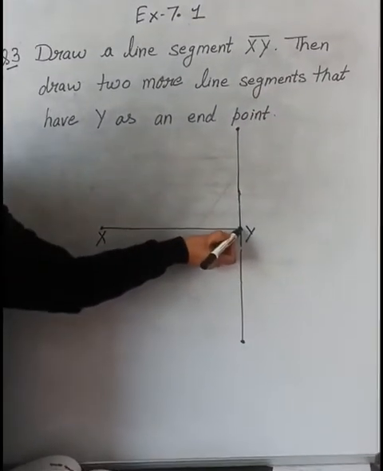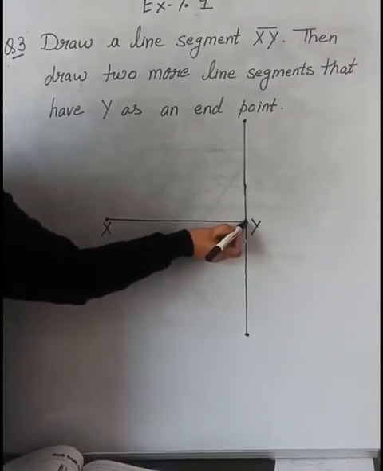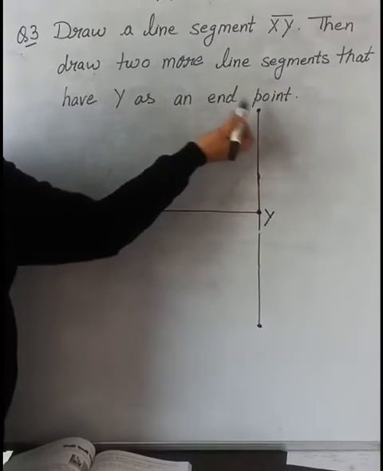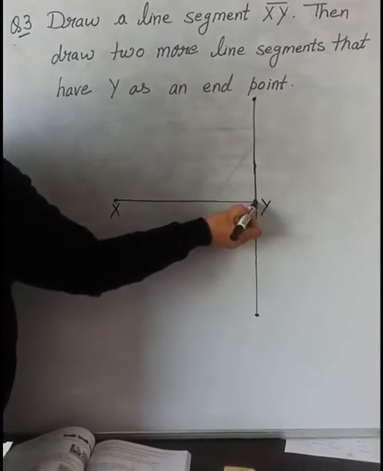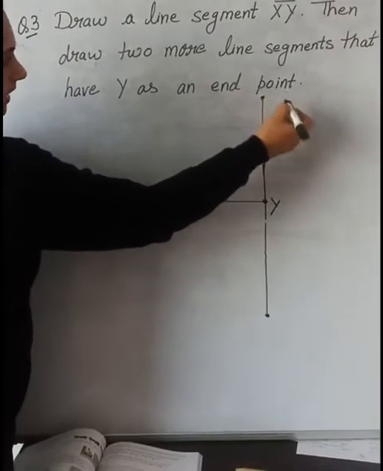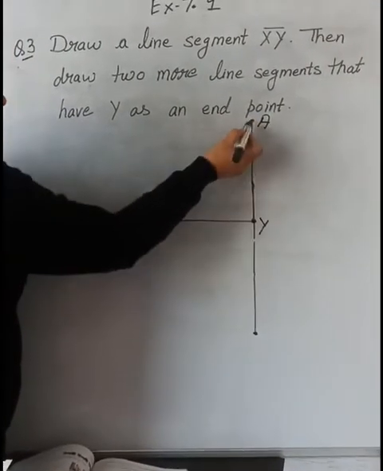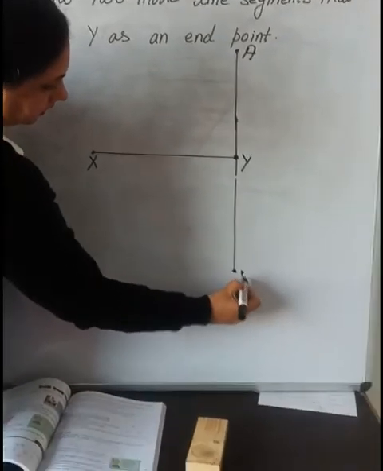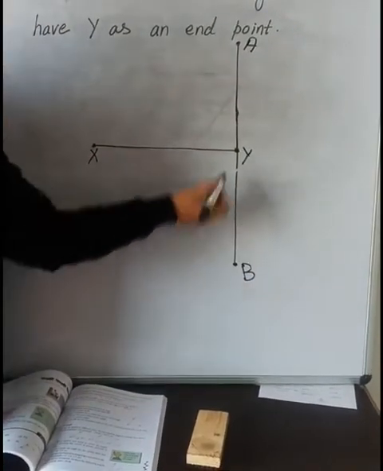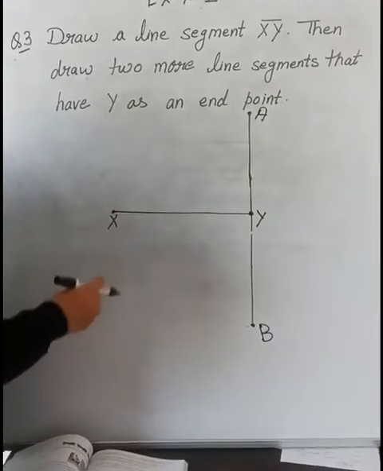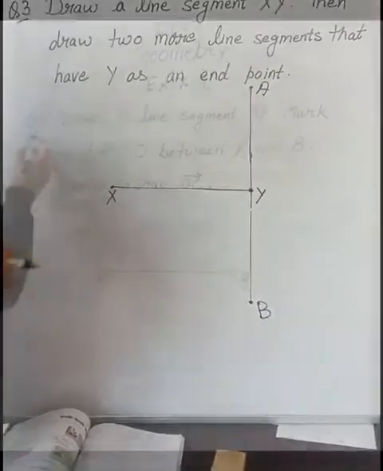So we will start from Y, because they have said Y as an end point. So we have to draw from Y. Here we can write the name A. So this is AY, and we can write B here. This is BY. So in this way we will draw the line segments.